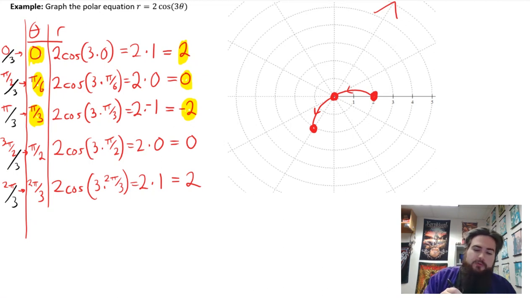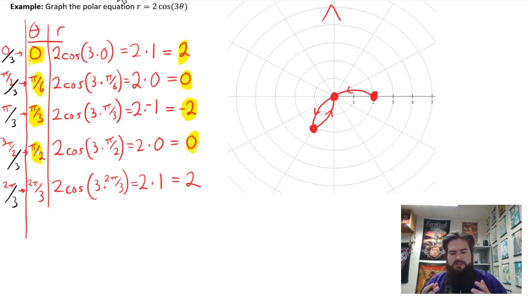But the next point is really going to demonstrate what's happening. Pi over 2 and 0. This means that we are facing towards pi over 2, but we have a radius of 0, which puts us right back at the pole again. Meaning that I'm going to be curving right back towards the pole, which is a little bit strange. Seem to have this enclosed loop of sorts.